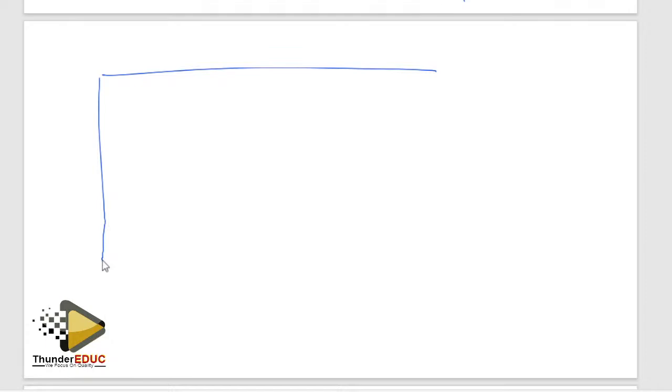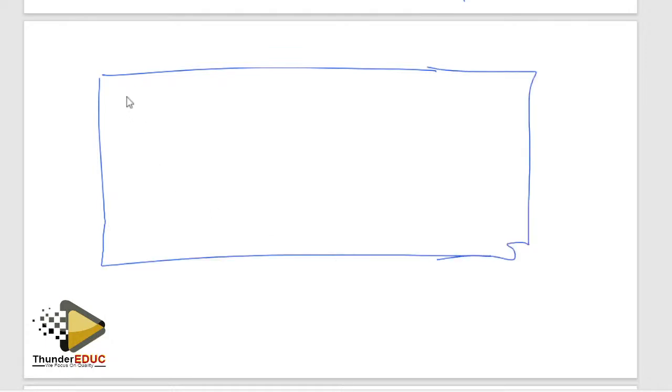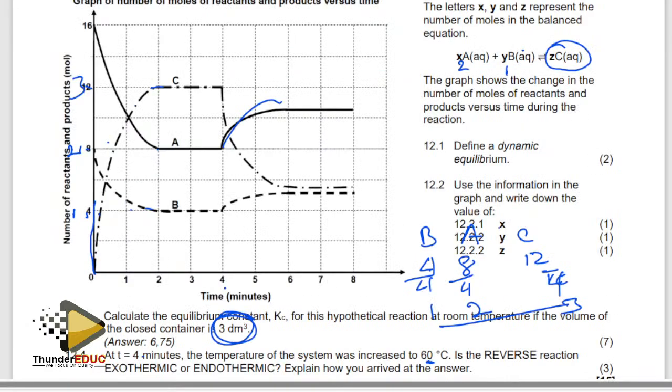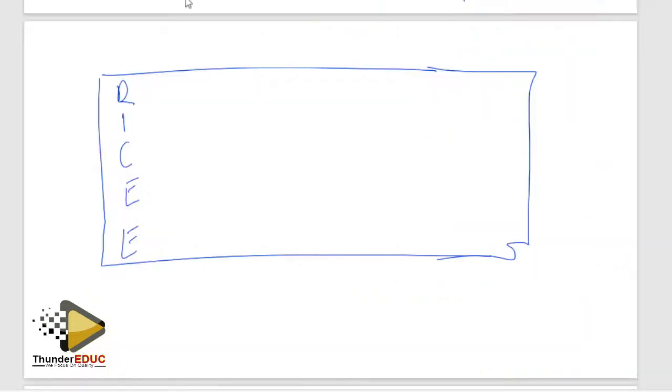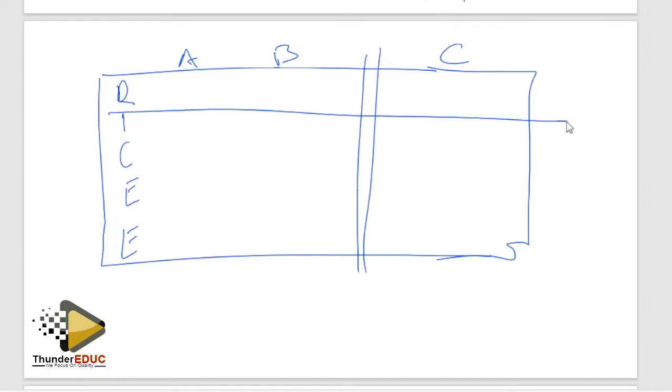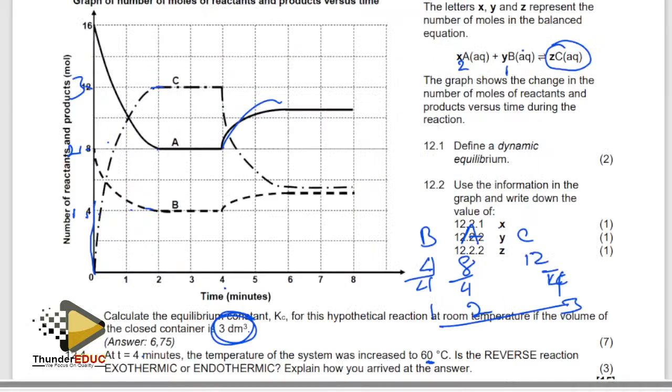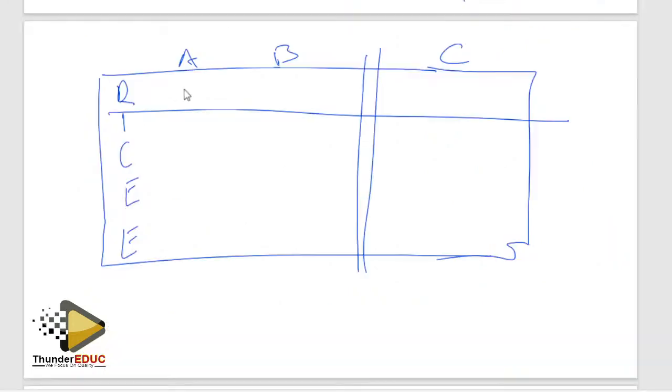Whereby, you look at the elements here, A, B, and C. So this is basically the product. In the mole ratio, we say that A is 2, B is 1, and then C is 3.